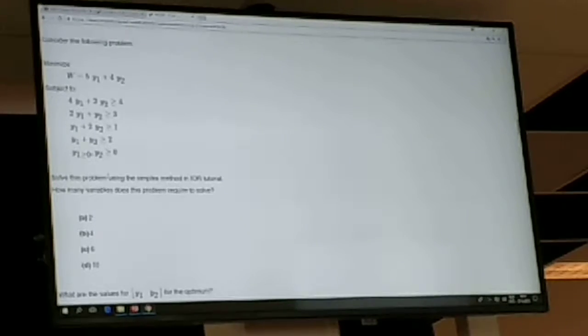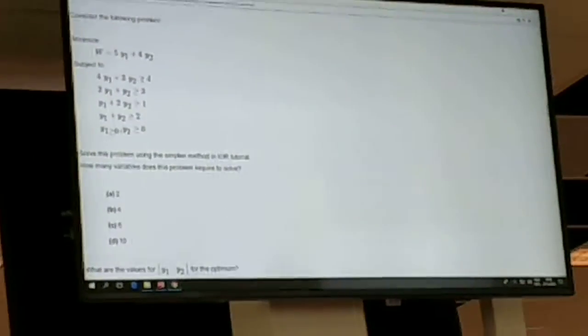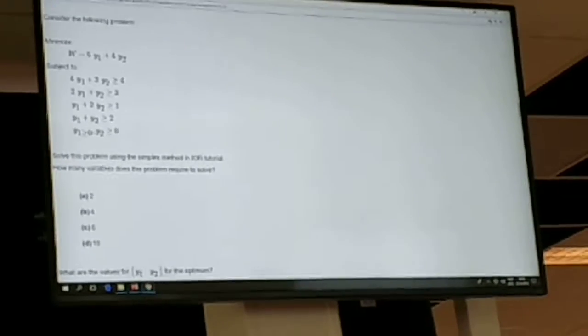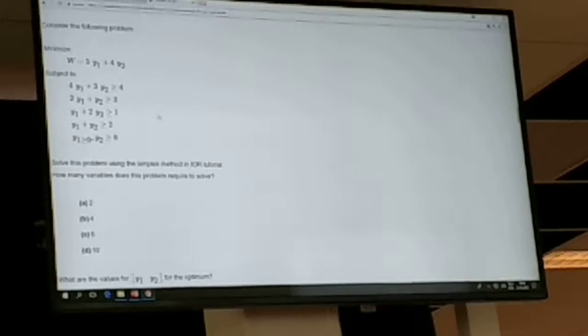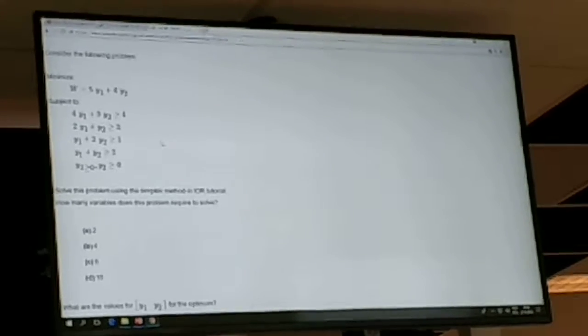So if we solve this problem, then we need quite a few variables. We have 4 constraints, and because there are larger than or equal constraints, we need artificial and surplus variables. So we need 2 extra variables per constraint. So basically 4 plus 4 times 2, so we need 12 variables to solve it. So it becomes quite a large problem.